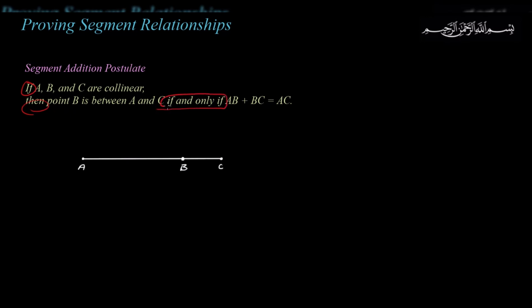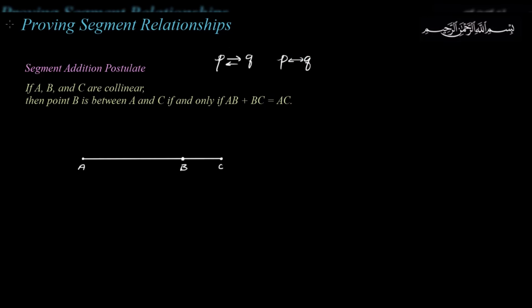And if you recall, this phrase is very specific to imply that this is a biconditional statement. That is, the original conditional statement and its converse are both true. So if P then Q, and if Q then P, like this, or we can just say it like this. So this is a biconditional statement.